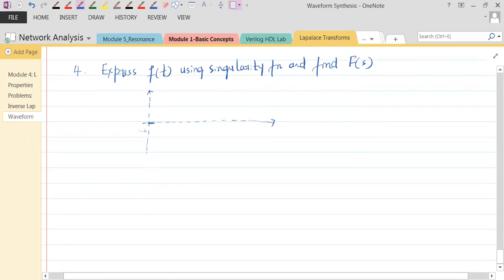The waveform is 0 from 0 to 1. It goes to minus 1 at 1, and at 2 it is minus 2.